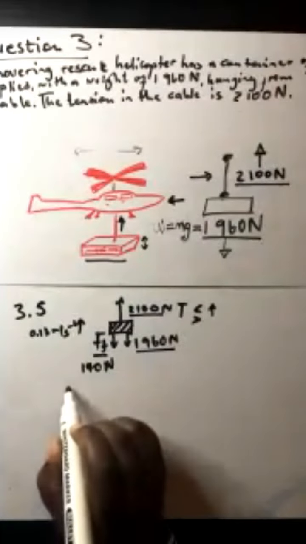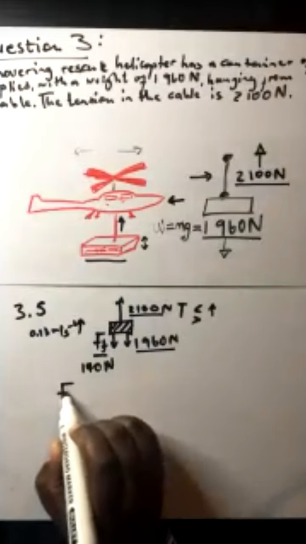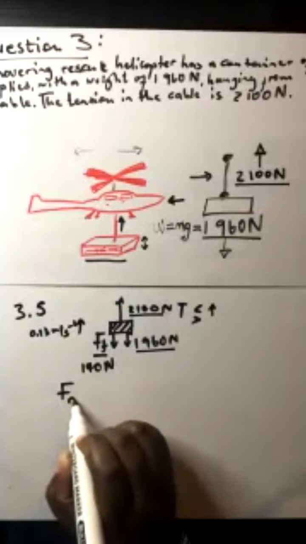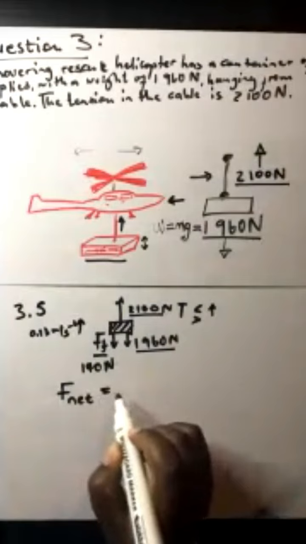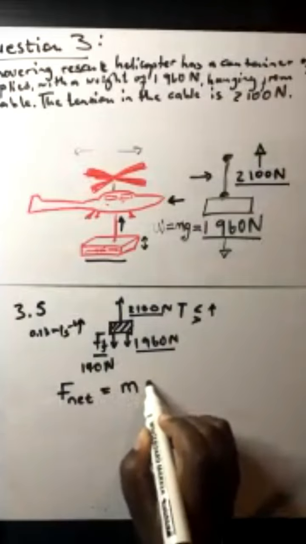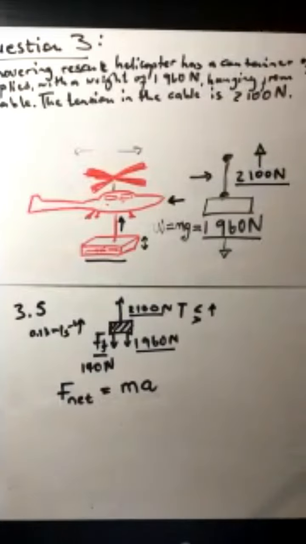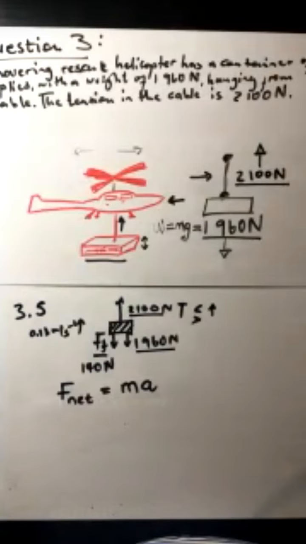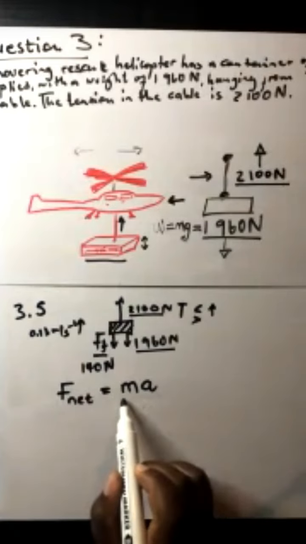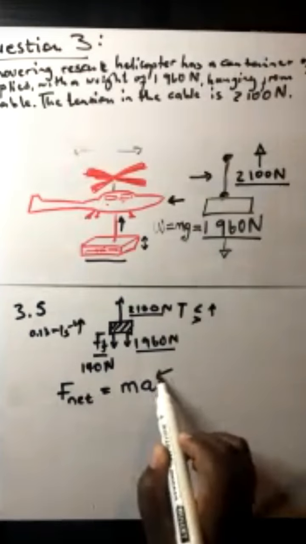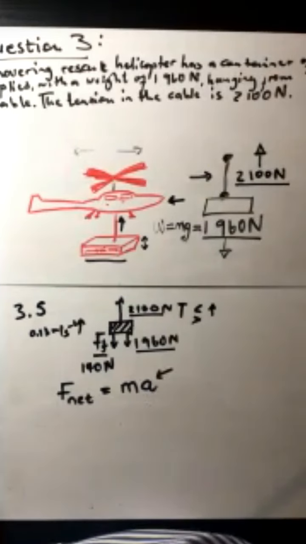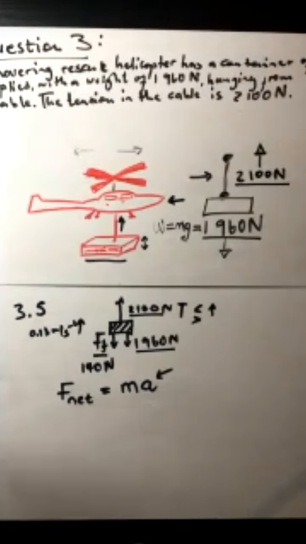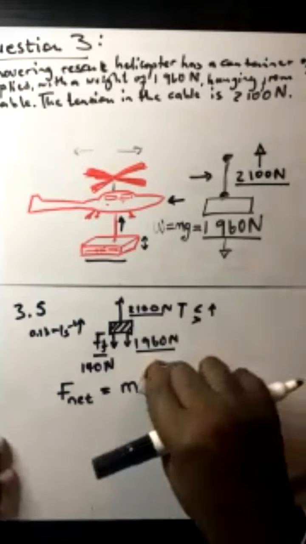So remember, guys, there's that formula which says F net is equal to mass times acceleration. So you can see from this formula that you need an acceleration for an object to move or change position.